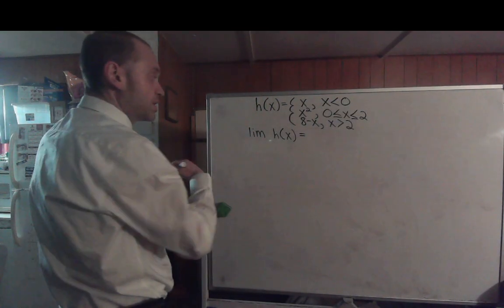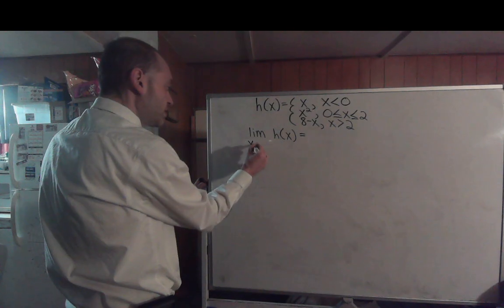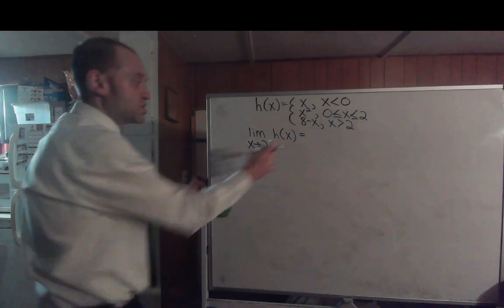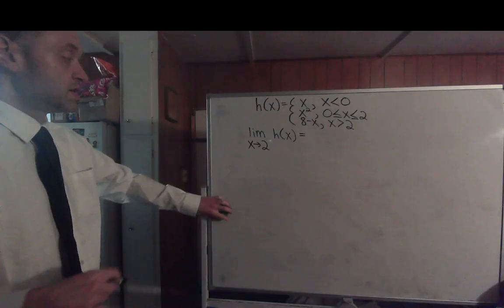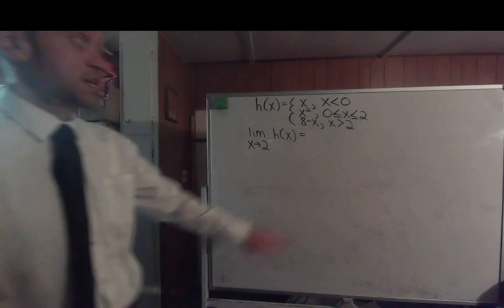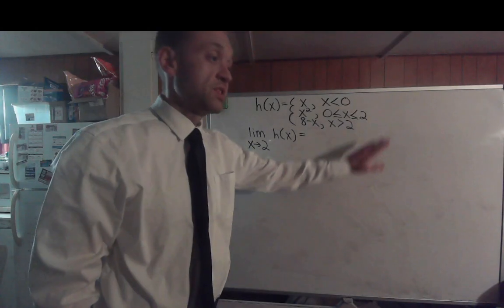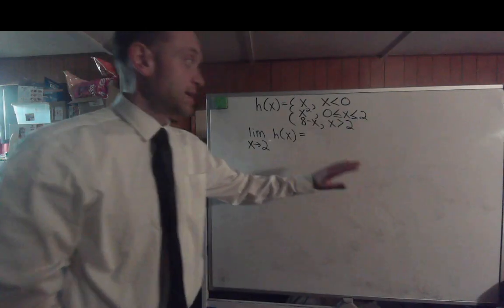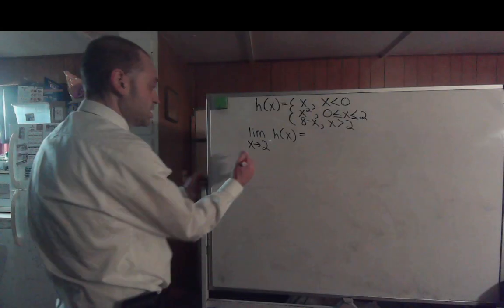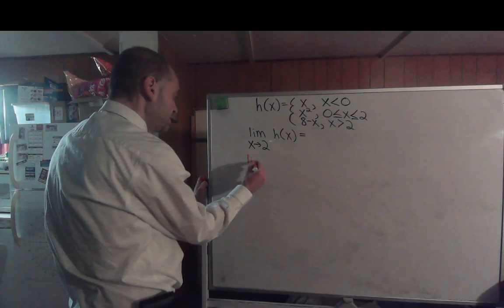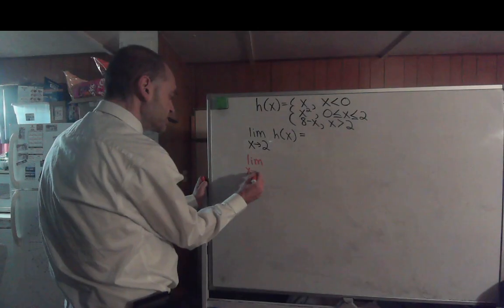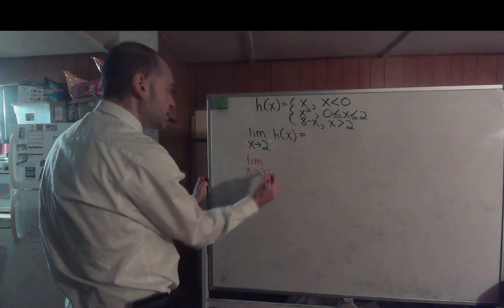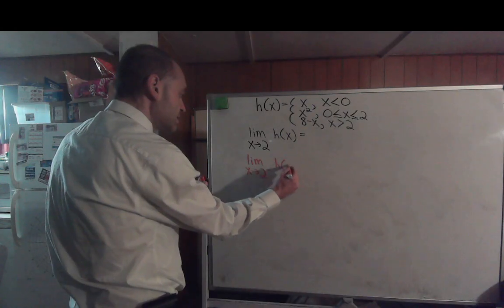This time we want to know, does the general limit as x approaches 2 of this function exist? Well, notice again, 2 is at a breakpoint, so we need to take a left-handed limit and a right-handed limit. So let's go ahead with the left-handed limit of this function. So the limit as x approaches 2 from the left of h of x.